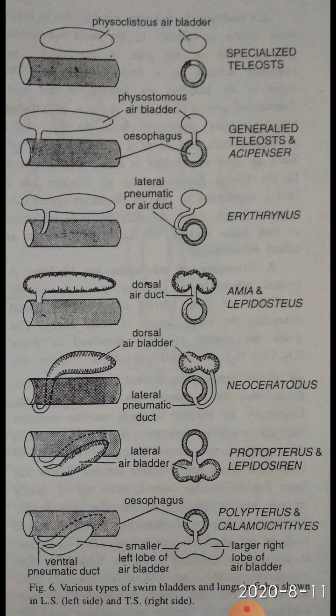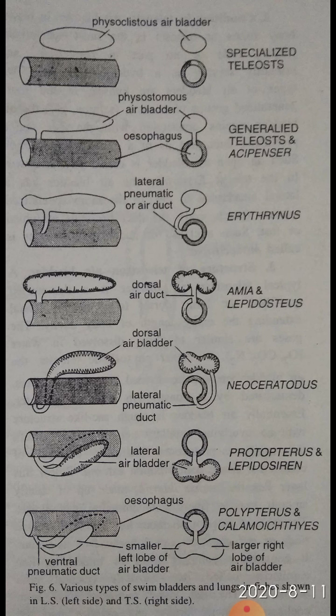In most primitive fishes, the air bladder serves as an accessory respiratory organ or lung, which seems to have been its original function.